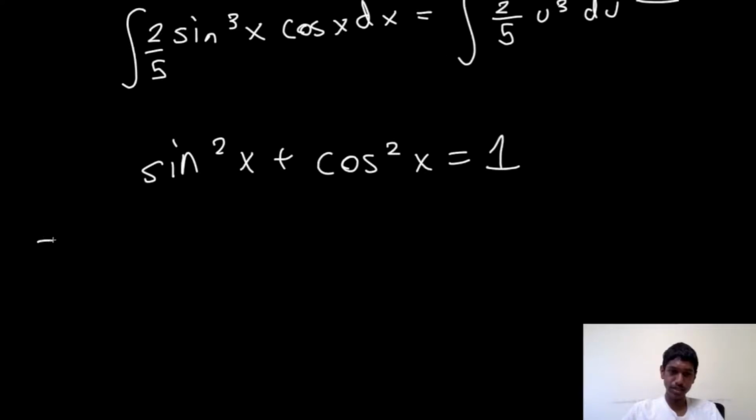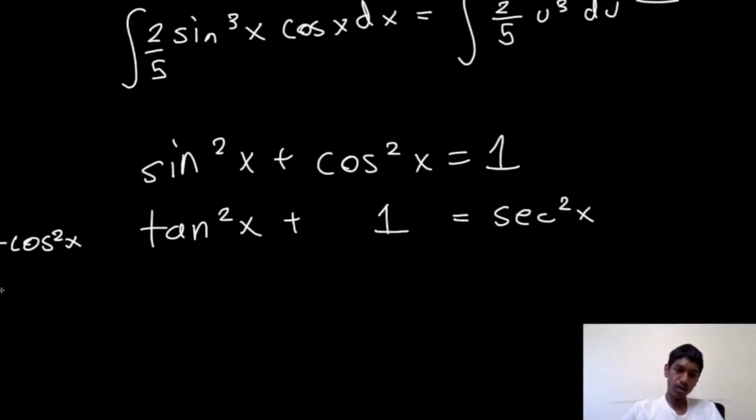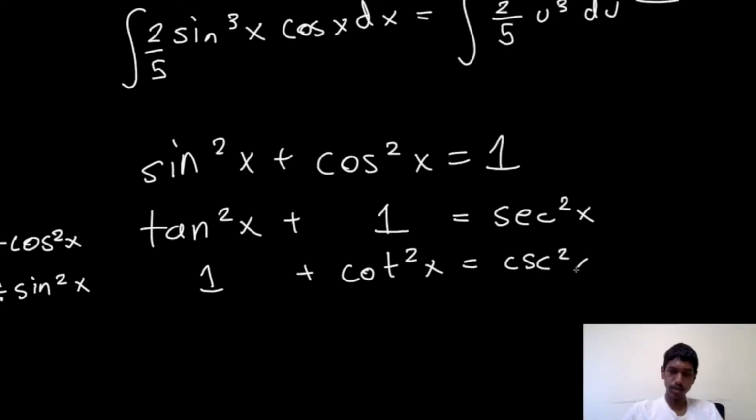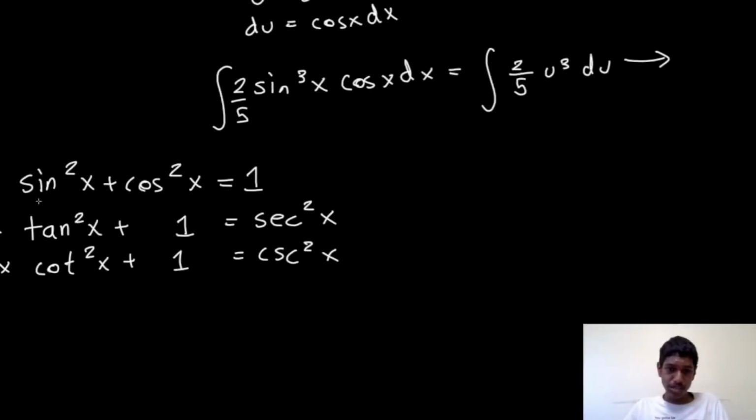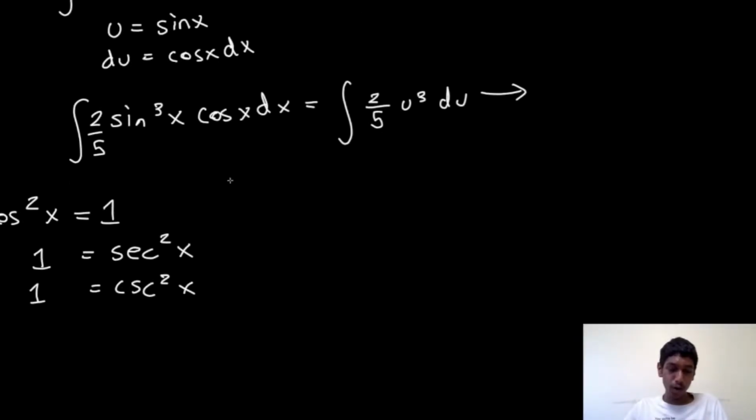All you have to do is divide by cosine squared x, and for this one you'll get the one involving tangent: 1 plus tangent squared x equals secant squared x. Or if you choose to divide by sine squared, you'll get the other one, which is 1 plus cotangent squared x equals cosecant squared x. Now we're going to use these identities to help with the u-sub.